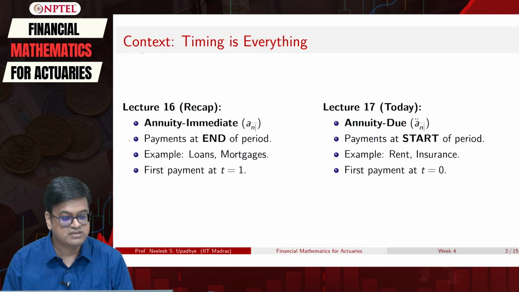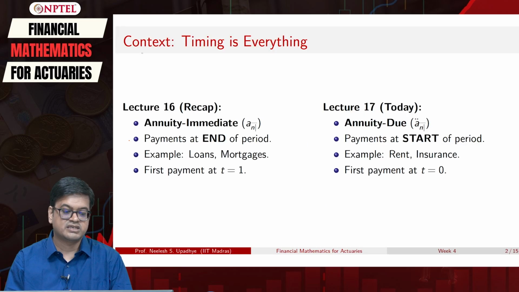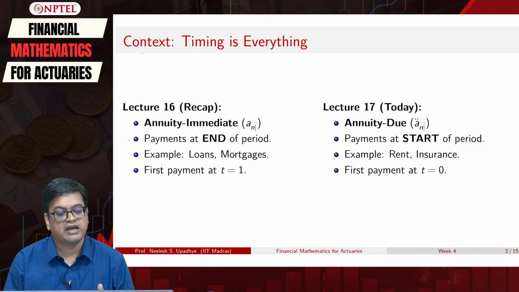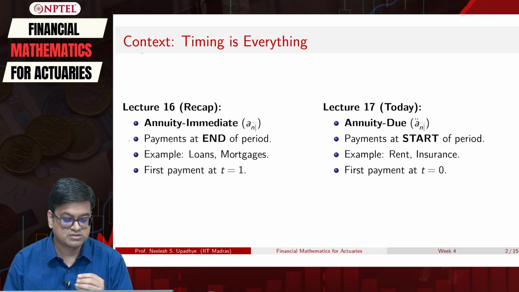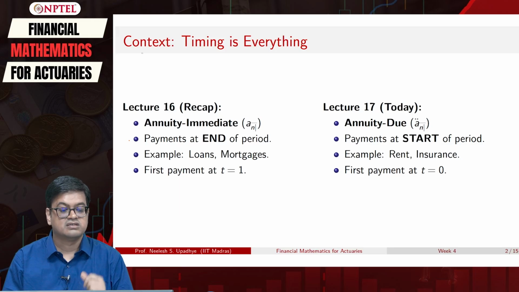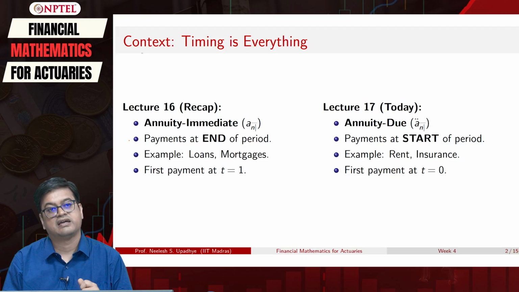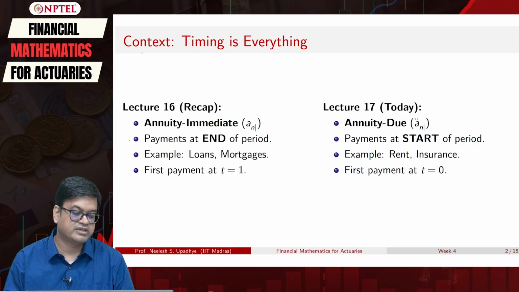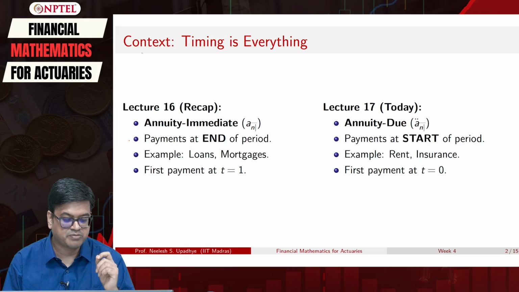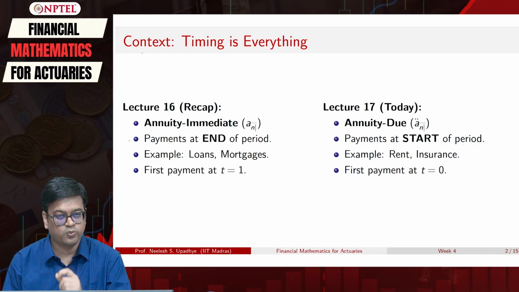So in lecture 16 we handled annuity immediate, where payments were made immediately after the end of the period. Examples were loans and mortgages. The typical characteristic trait that determines annuity immediate is that the first payment is at t is equal to 1.